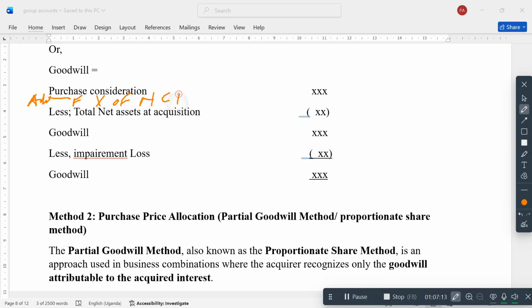So you get purchase consideration, you bring it there. You add fair value of NCI at acquisition. Then you just subtract total net assets. Let's try to do that and see whether we get the same answer.